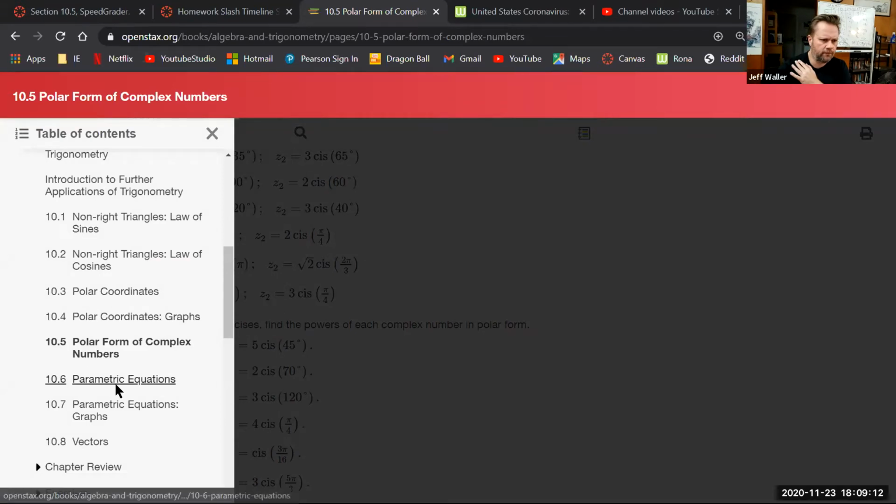So you still have parametric equations and their graphs, and then of course vectors. I have one more question about parametric equations. If the domain includes a point where it's undefined, like we say it's divided by 0, would that kind of be like an asymptote where there would be nothing there?